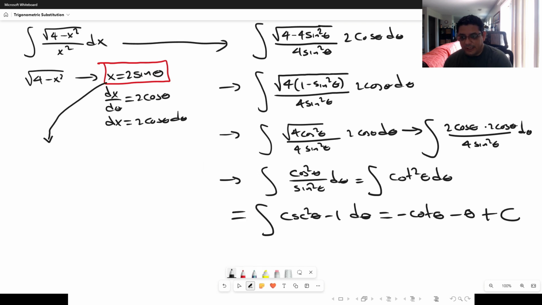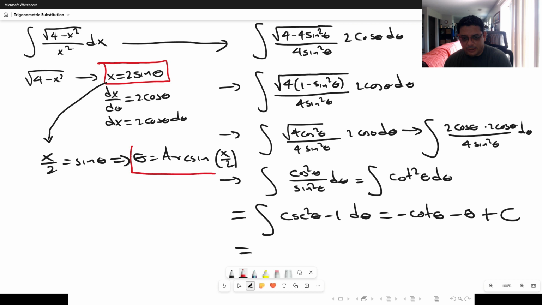So first, for theta, we do x over 2 is sine of theta, and that implies that theta is arcsine of x over 2. So now I have this one. So this is this term, but I'll come back to it later when I'm writing my end result.